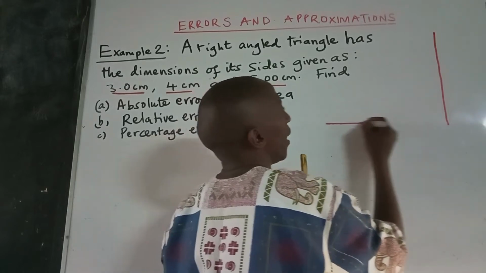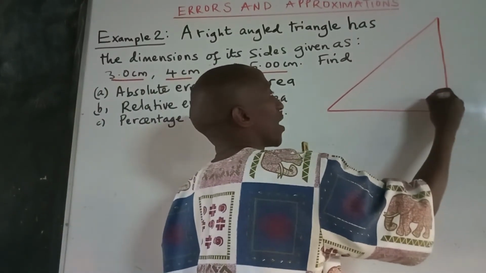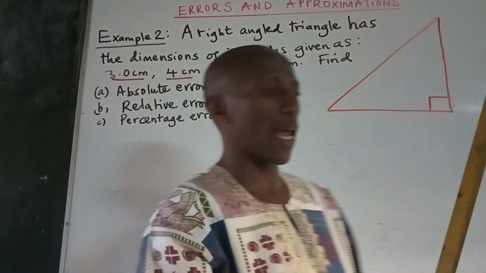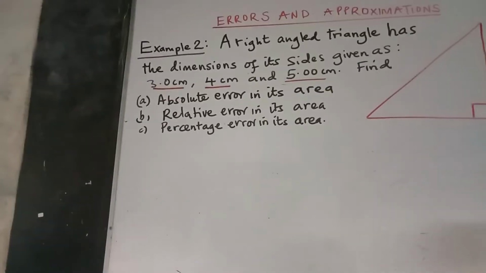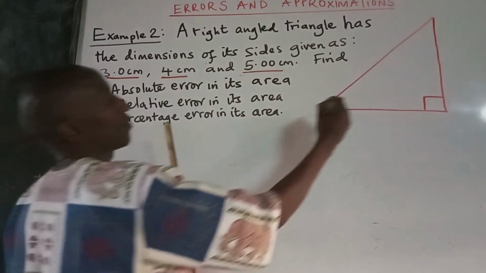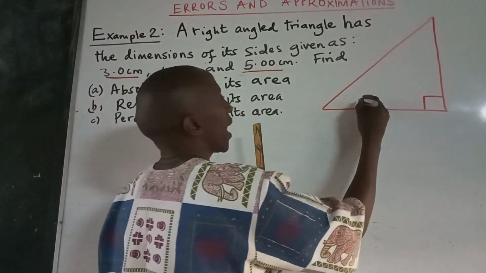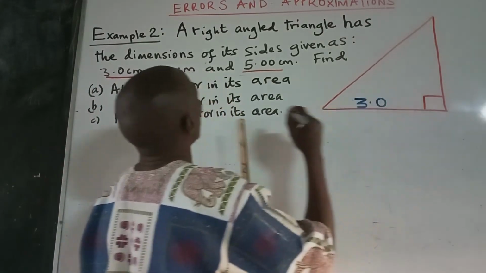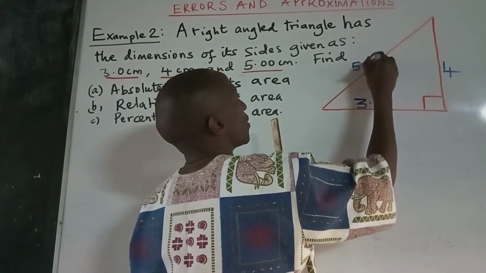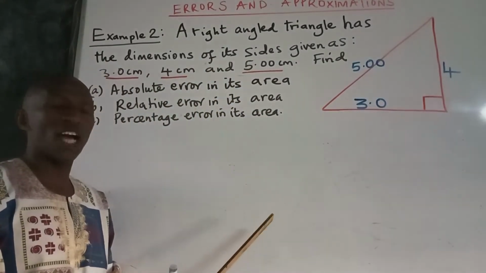So what we are going to do is show this particular triangle. I draw a big one, this is a right-angled triangle, and we give the dimensions in different colors. For instance, I may give the color blue: 3.0, 4, and 5.00. That blue color signifies the actual.